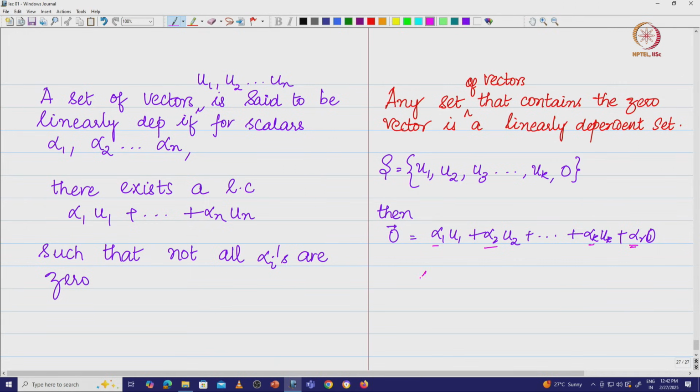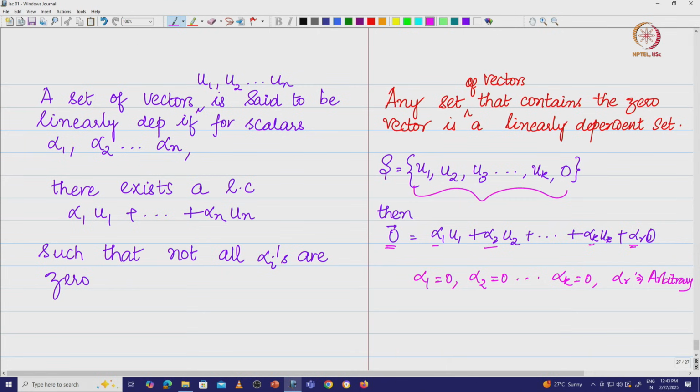So I can take alpha 1 equal to 0, alpha 2 equal to 0, etc., alpha k equal to 0, and alpha r to be any arbitrary real number. Now we see that the 0 vector has a non-zero combination, where at least one scalar is non-zero and you still get the 0 vector. That means this set is a linearly dependent set.